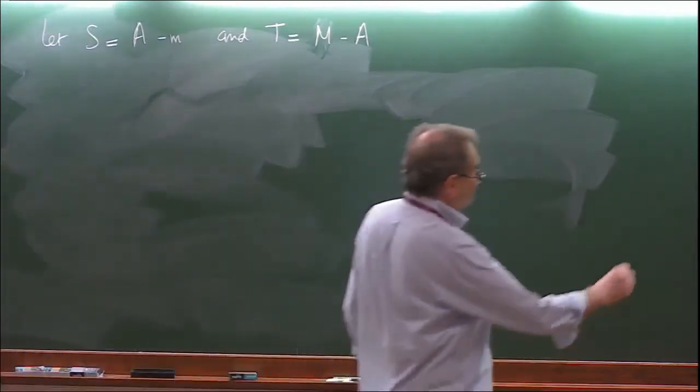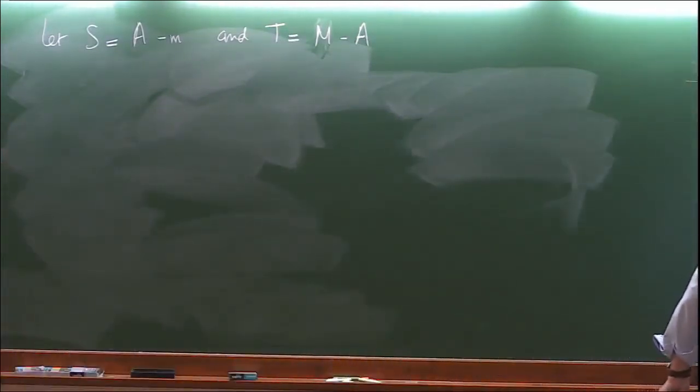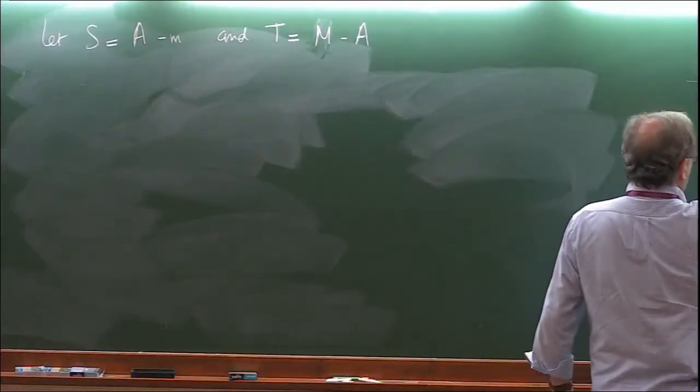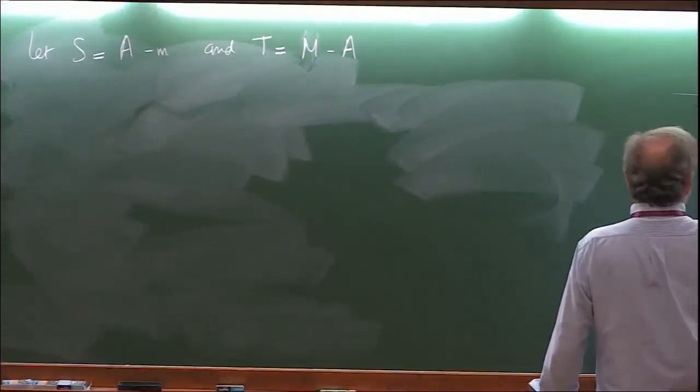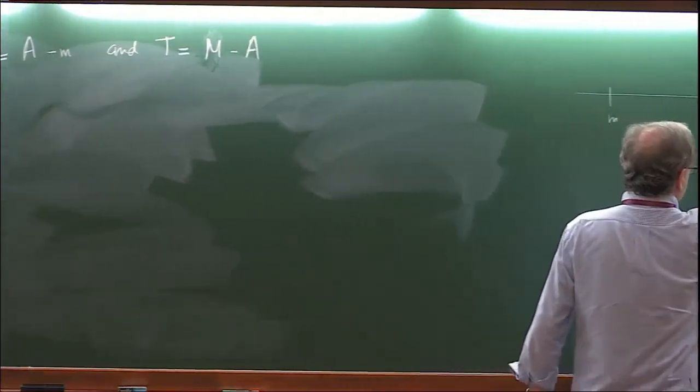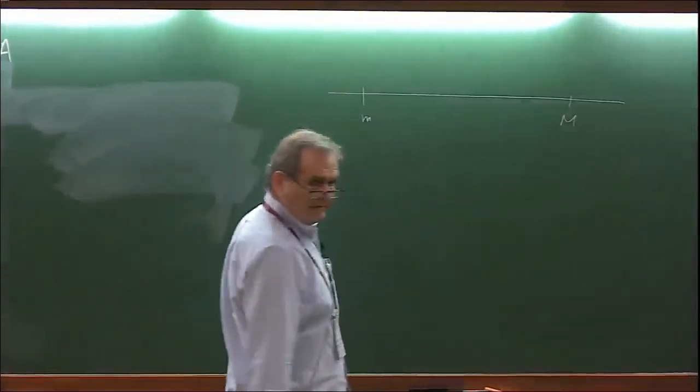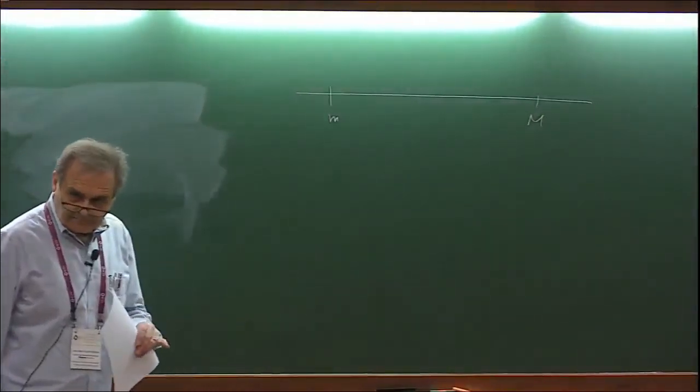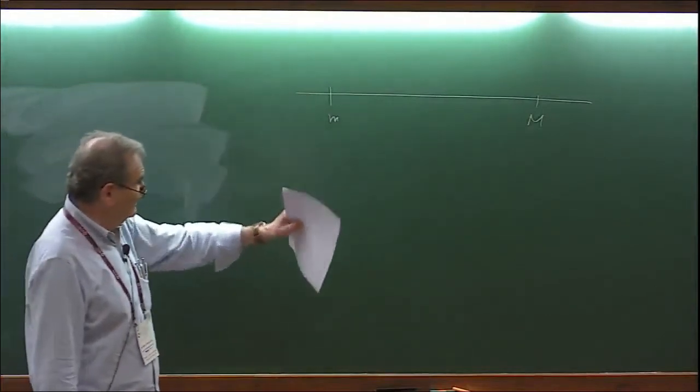Maybe I put some little drawing here. So I have something which will be my set A. A is something between N and M. Those two elements are in A. This is the minimum, this is the maximum.